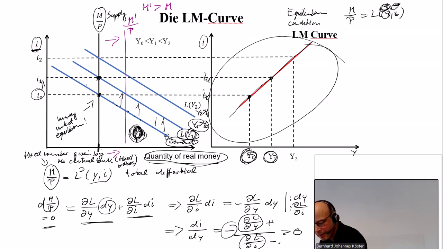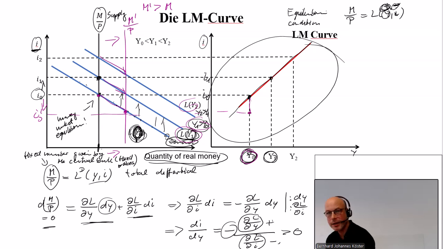Since we haven't changed money demand, all these equilibrium points shift downward along the money demand curve. This means I0 prime, to our starting income Y0 corresponds now a lower interest rate.